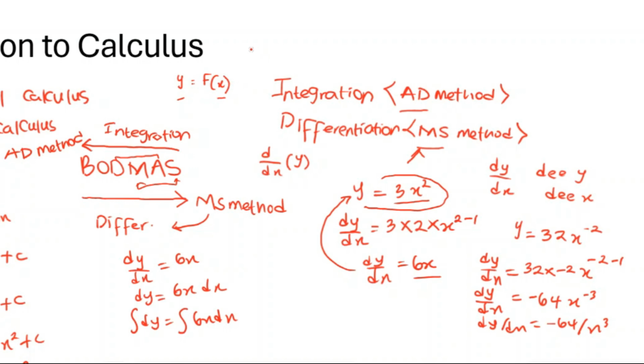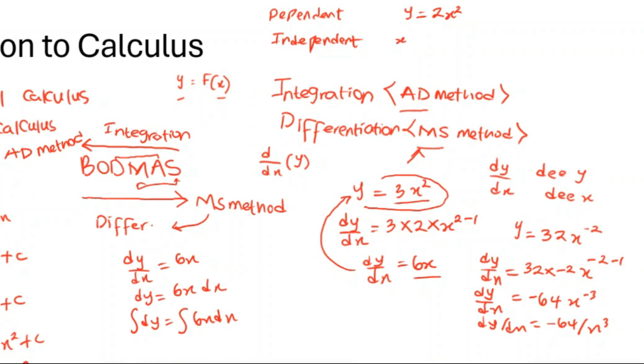Now, there's what we call a dependent variable, and there's what we call an independent variable. Now, if y is equal to f of x, for example, let's say that your function y is defined by 2x squared. It means that for every value of x, you are going to get the value of y.